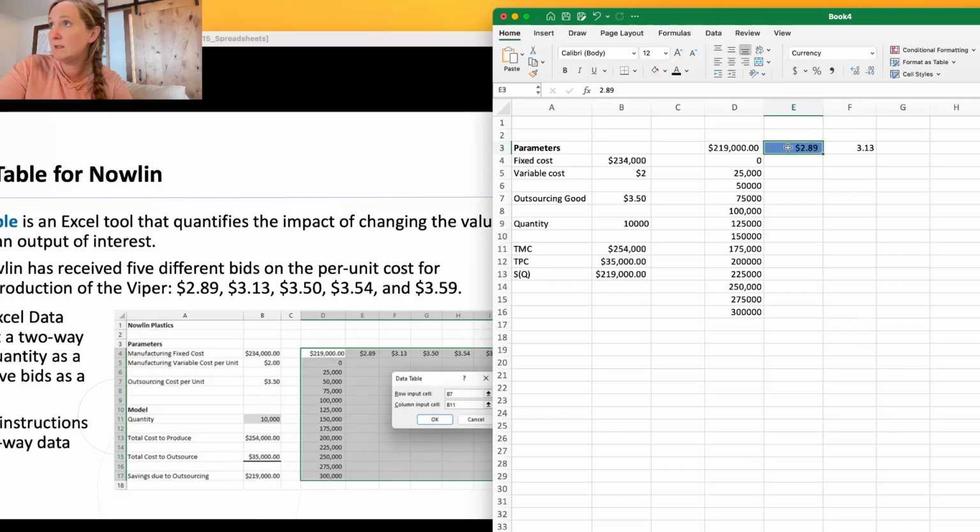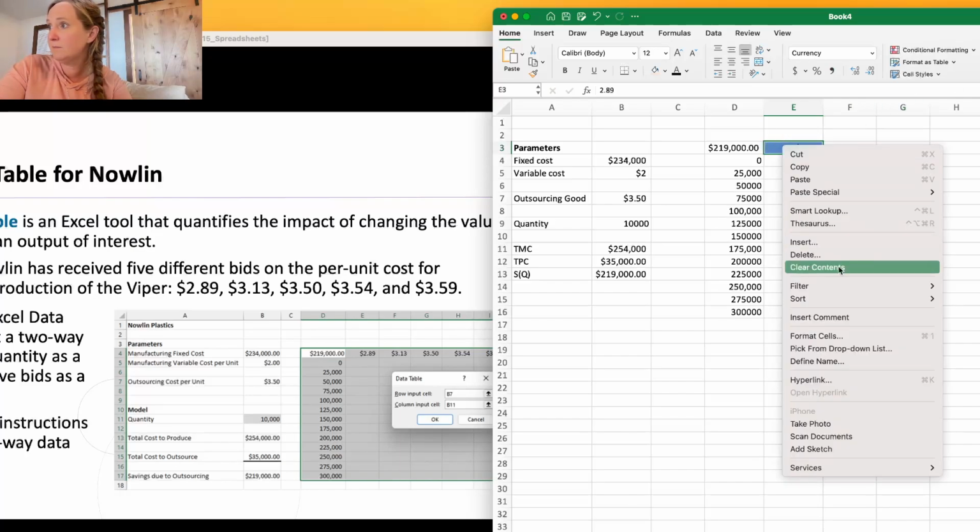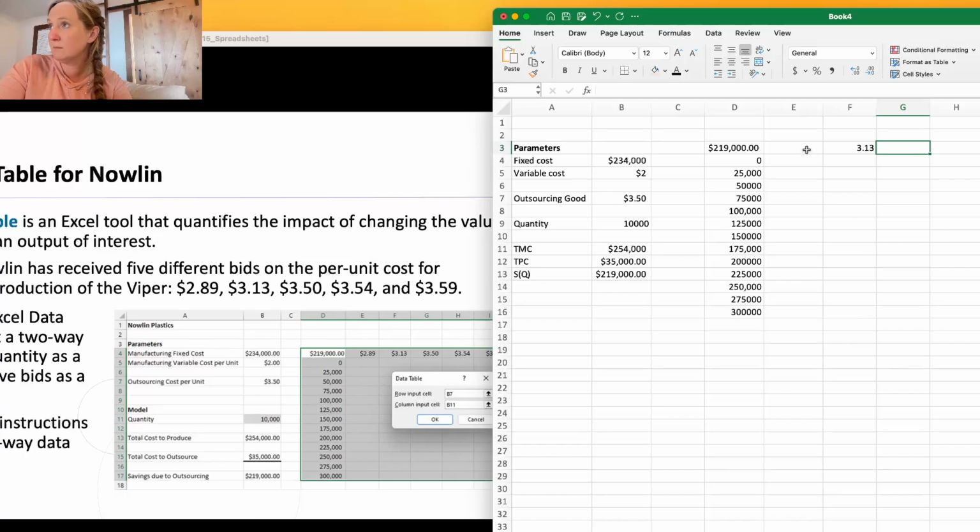Oh, I want to clear that cell. Just going to keep on being colorful. That's fine. 350, 354, 359.